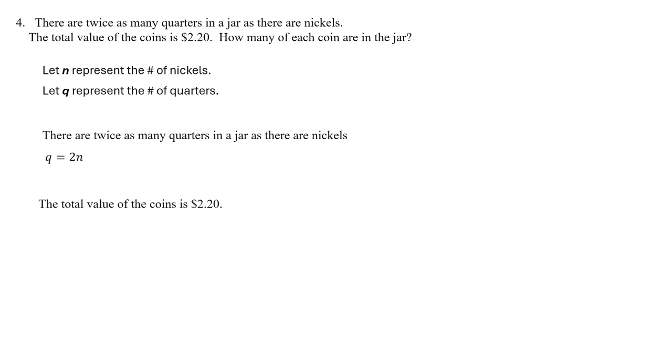We're also told that the total value of the coins is $2.20. Now, nickels are worth 5 cents, and quarters are worth 25 cents. So we could say 0.05 times N plus 0.25 times Q equals $2.20. Put another way, 0.05 times the number of nickels plus 0.25 times the number of quarters equals $2.20.